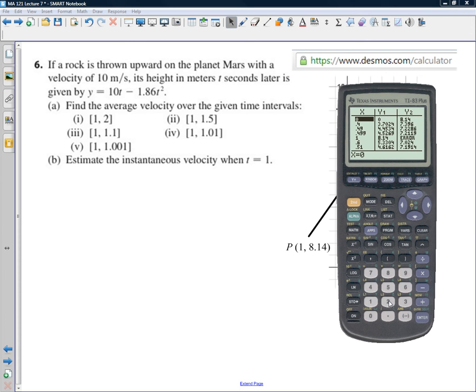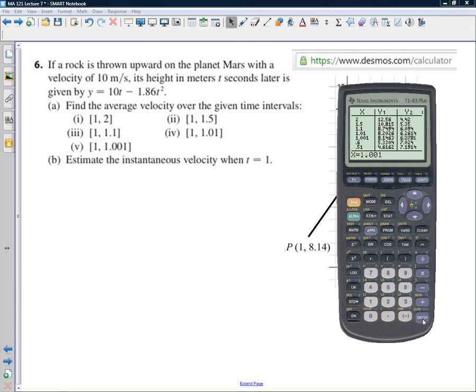And our first value from Roman numeral 1 there is what's happening at 2, and what's happening at 1.5, and what's happening at 1.1, and what's happening at 1.01, closer to 1 itself, and 1.001.